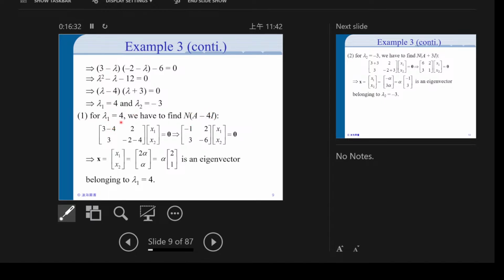So fix lambda equal to 4. We have A minus 4I, which is 3 minus 4, and minus 3 minus 4. And we want to solve for the null space. We just write down the equation, multiplying on x equal to 0. So it's [[-1, 3], [2, -6]] times (x1, x2) equal to 0.